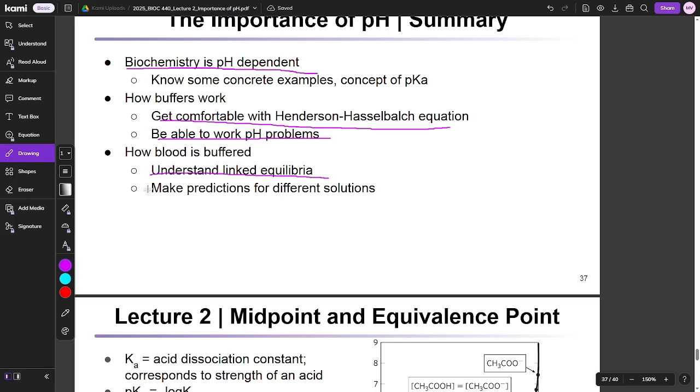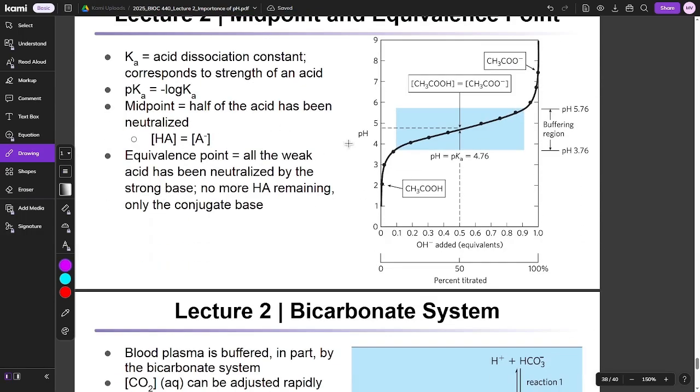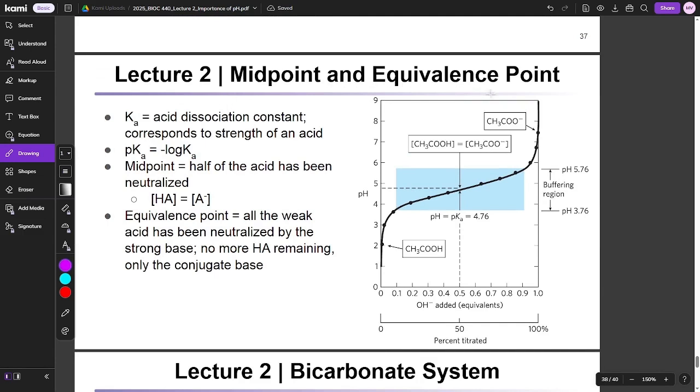Equilibria are important, linked equilibria, and then making predictions for different solutions. This is the idea of if you add H plus to that ammonium solution or that phosphate solution, how does it change?